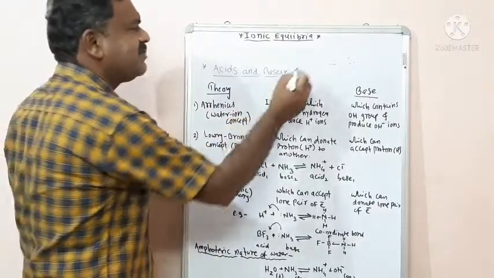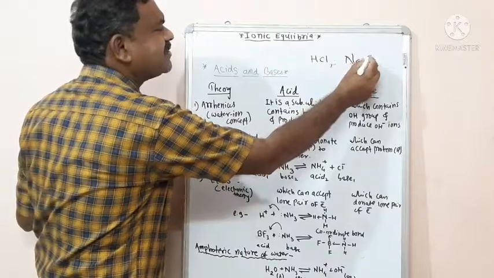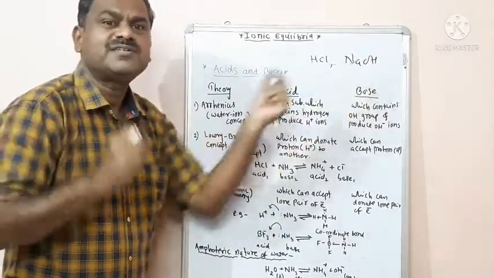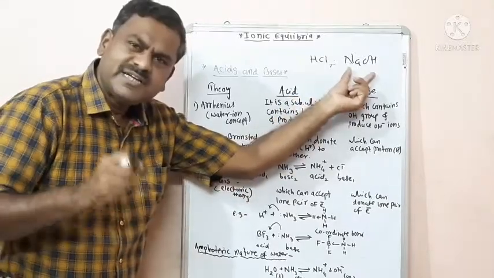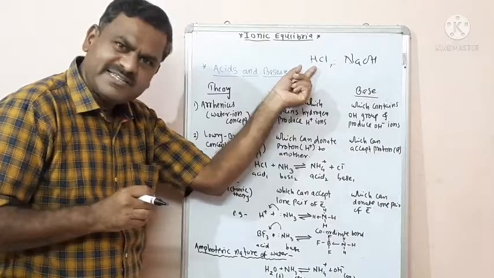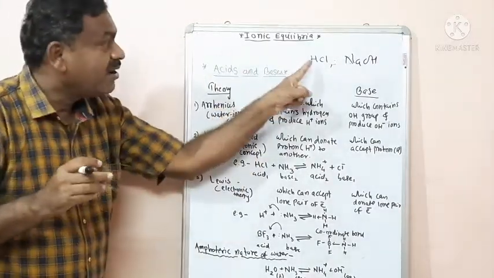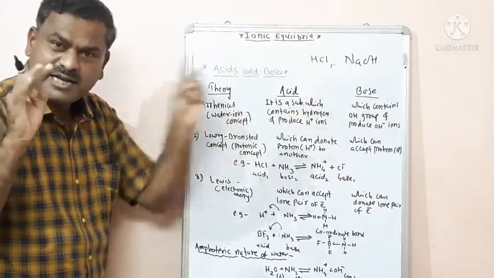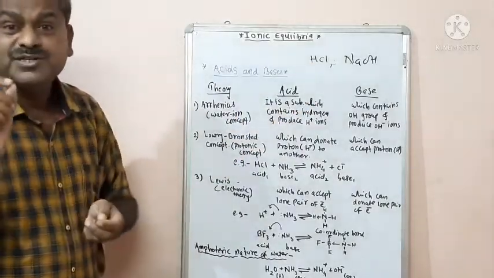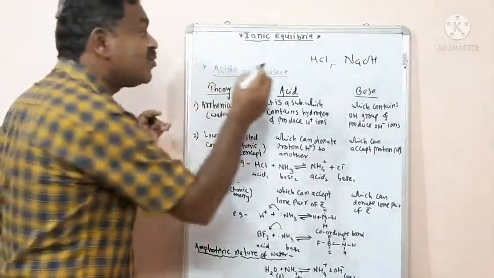For example, take HCl and sodium hydroxide. The base is soapy to touch and has a bitter taste. HCl is an acid, which has a sour taste.